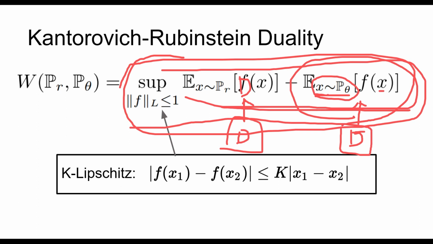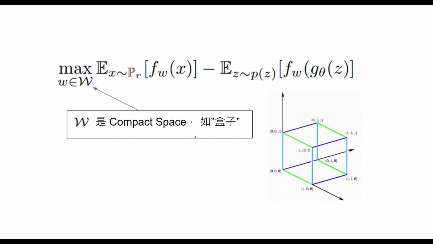But how do we actually do so? The question is, how do we force this neural network, the discriminator, to satisfy the Lipschitz condition? One way is to limit the parameters of this discriminator to a compact space.